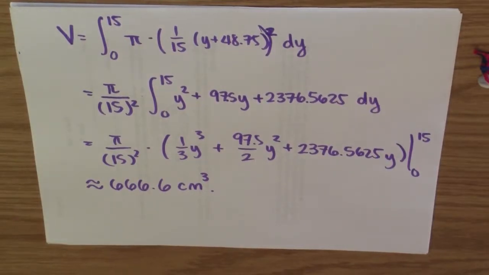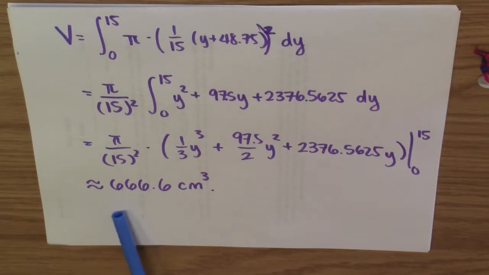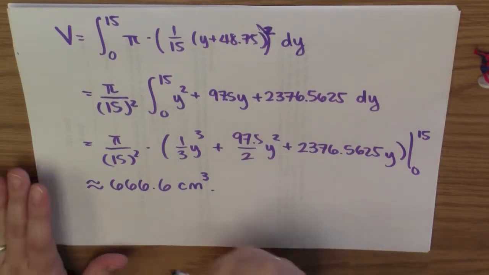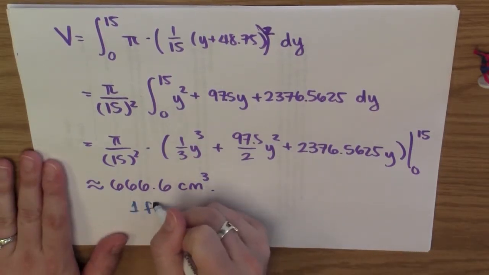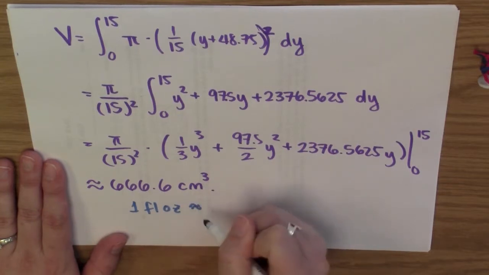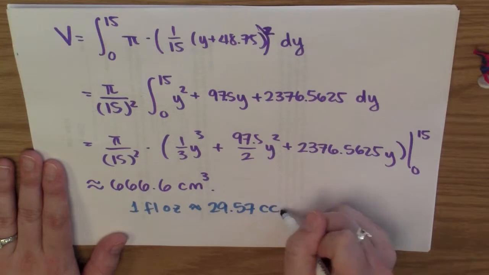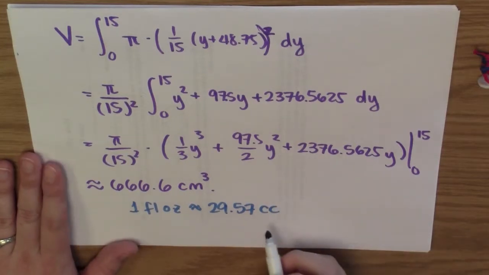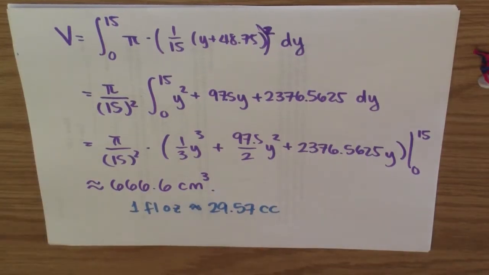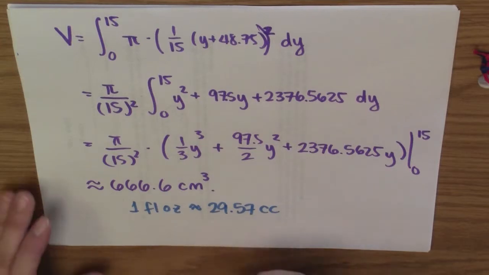Okay, so I did my integration. I plugged in my values 15 and 0, and I got 666 cubic centimeters for the volume of my cup. But I want to compute the volume in fluid ounces instead of in cubic centimeters. And so I know that 1 fluid ounce is approximately 29.57 cubic centimeters, right? So cc is shortened for cubic centimeters.